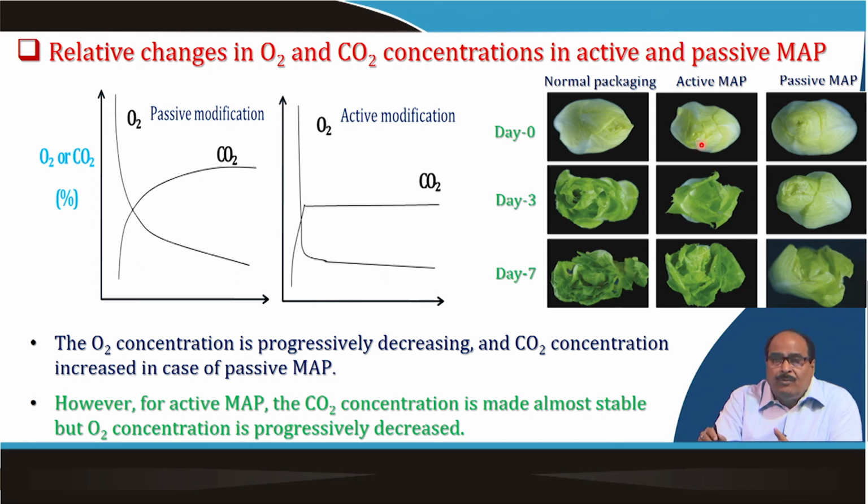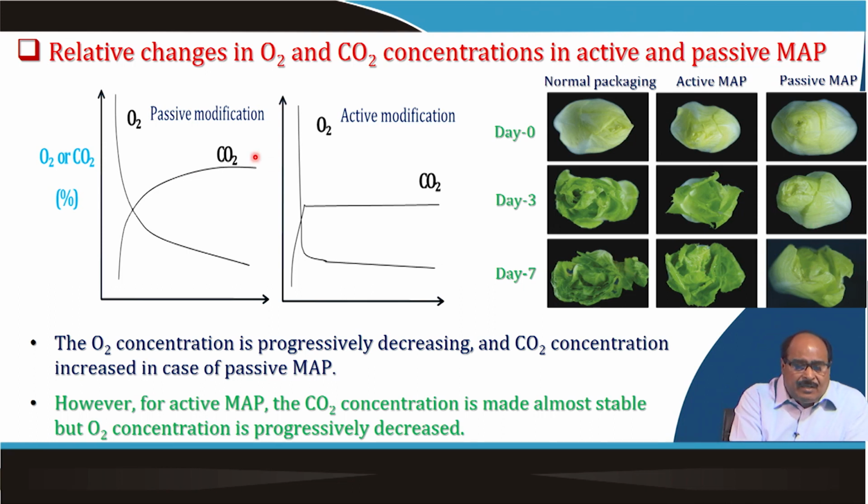When there is active modified atmosphere packaging, scavengers, emitters or scrubbers are used, so the desired atmosphere is achieved at a faster rate. Even on the third day and the 7th day its condition is good, but in the passive atmosphere it takes some time.